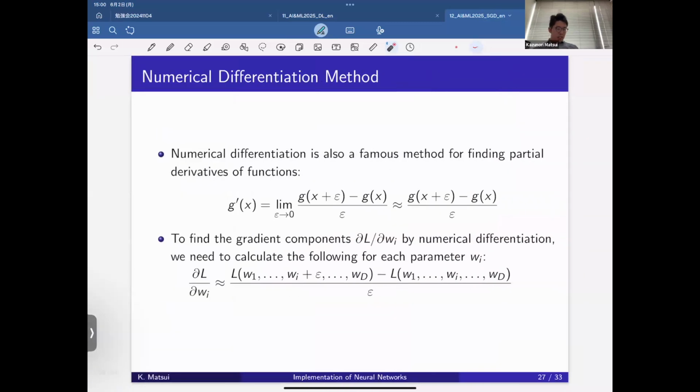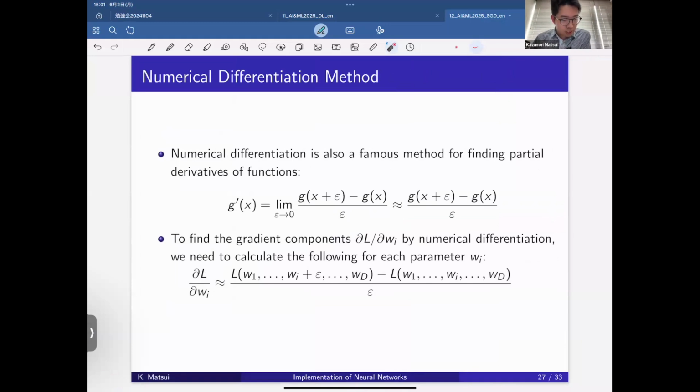By the way, the reason we do this backpropagation method is that our motivation was to calculate partial derivatives with respect to weights and biases. There is a famous method called numerical differentiation for finding partial derivatives of functions.